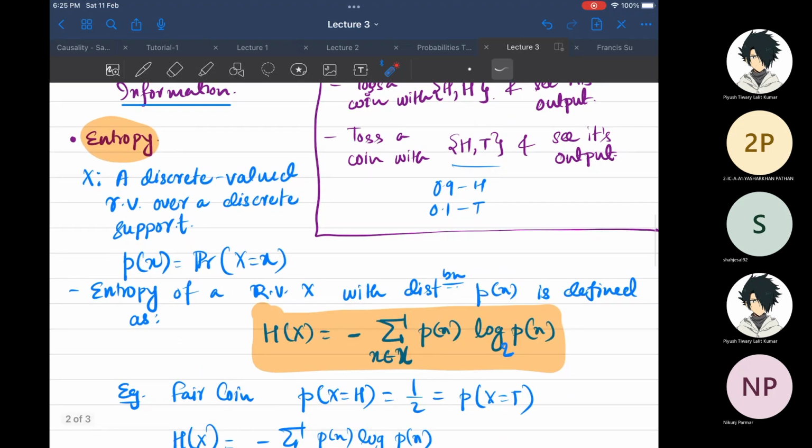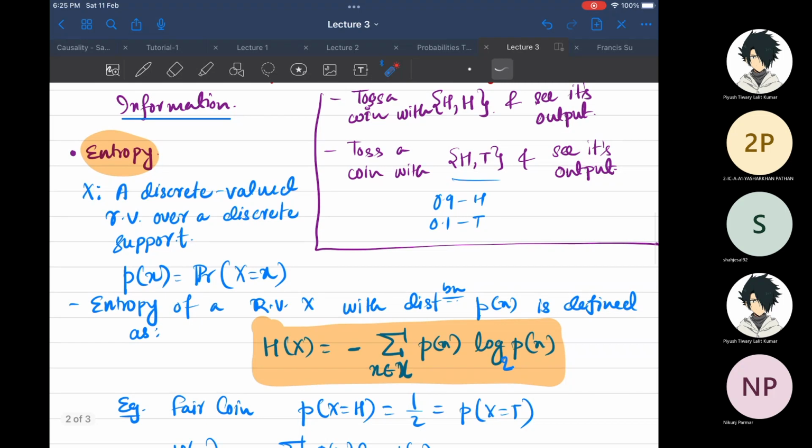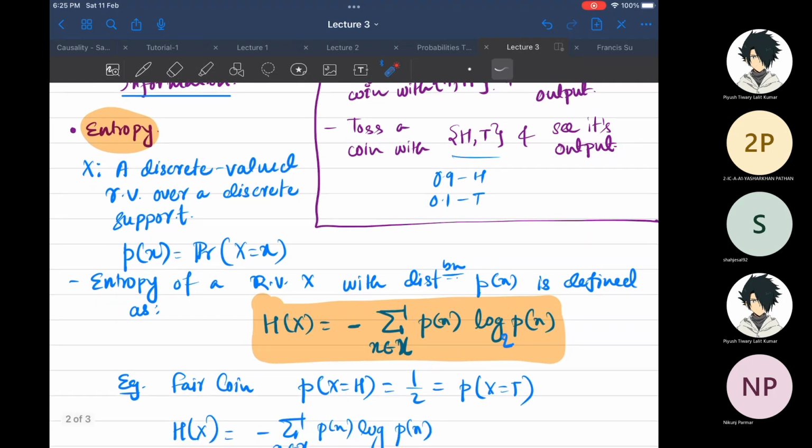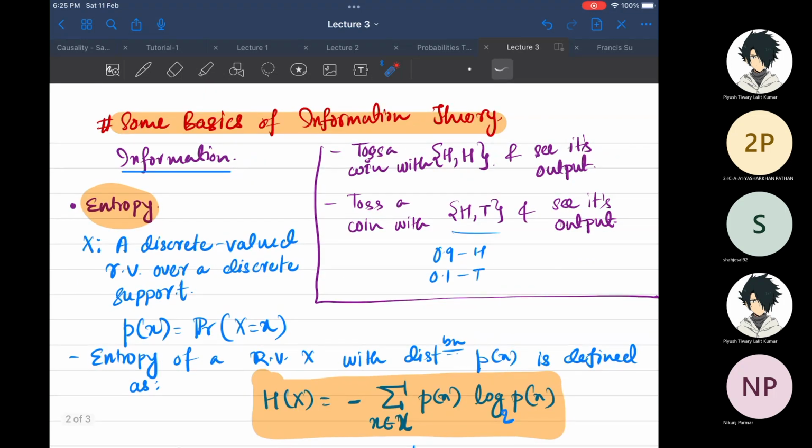Whenever we are dealing with random systems or random experiments, the tool that we use is probability theory. We had recapped probability theory in the first two lectures. So we will be using probability theory as a tool to study these random systems, what we exactly mean by information, and how much information a system contains.